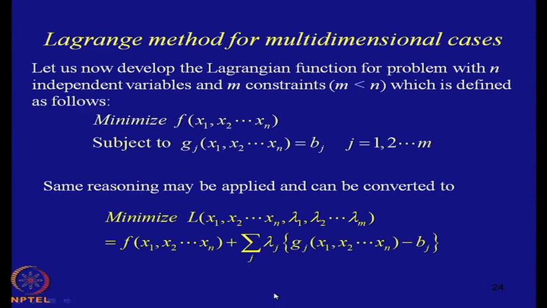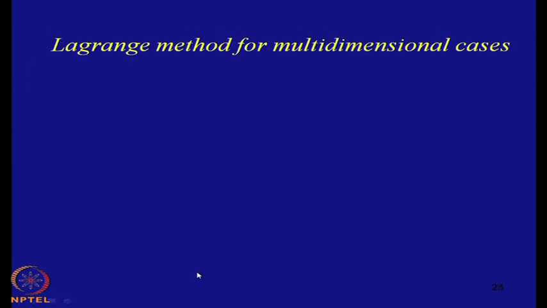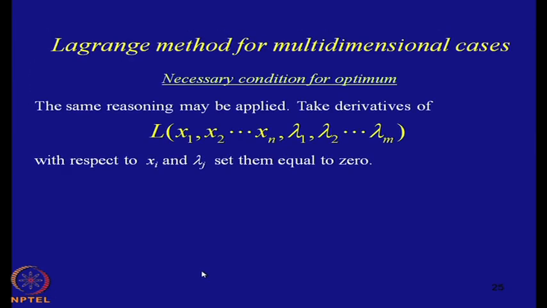Now again we will apply the necessary condition. As I said, we equate the gradient of the Lagrange function to 0, that is del L by del x1 equal to 0, del L by del x2, in this way del L by del xn equal to 0. Similarly, del L by del lambda 1, del L by del lambda 2, up to del L by del lambda m is equal to 0, and that will give us a total of m plus n equations that I am going to detail next.